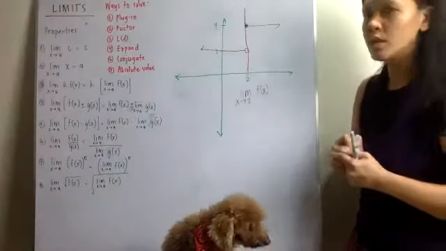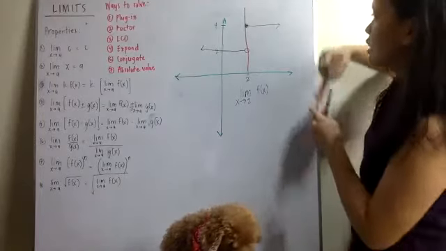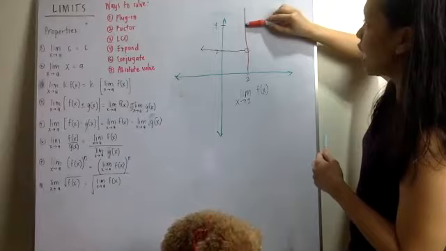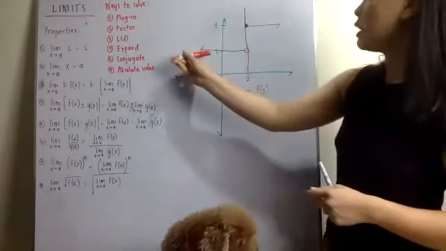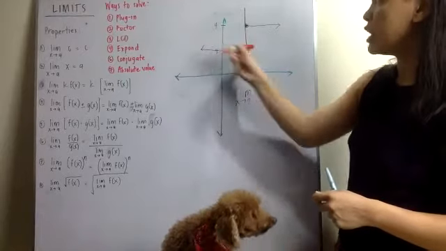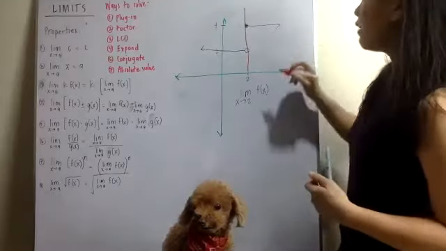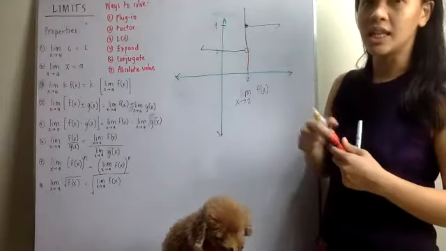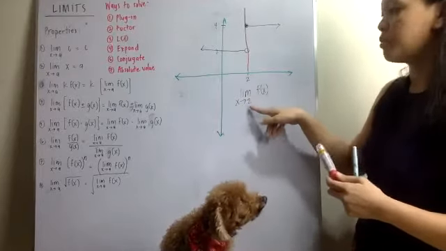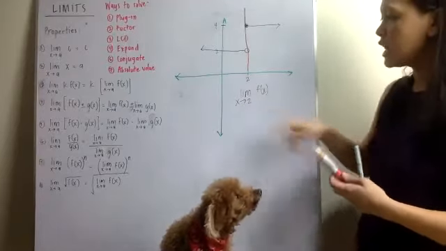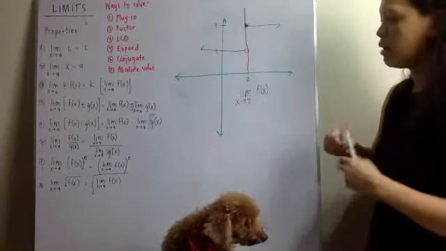Kung mapapansin nyo, from right, asan yung graph? Nandito, di ba? Okay, so it approaches itong value, which is 4. Okay? Pero from the left side naman, ang ina-approach niyang value is, ano yung y nito? 2. Okay? So yung left side and right side na limits natin is hindi equal. So kapag may ganitong question, limit as x approaches 2 ng f of x, ang tinitingnan dito is yung both sides. Okay? Kapag walang plus minus.